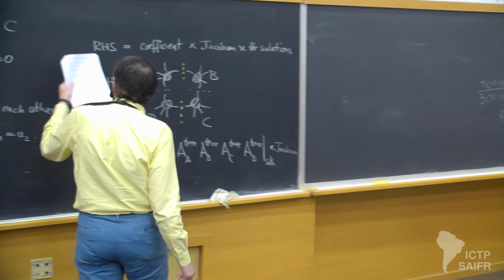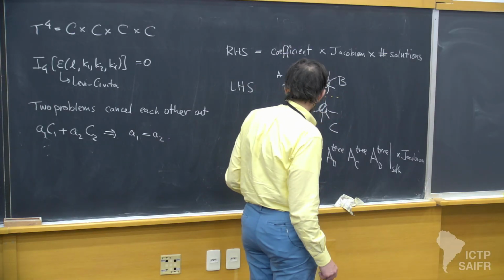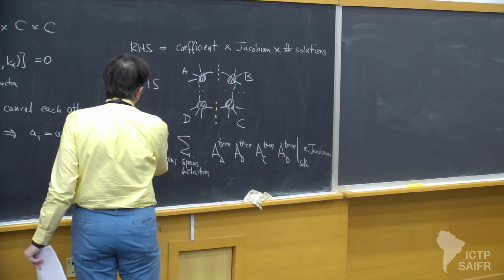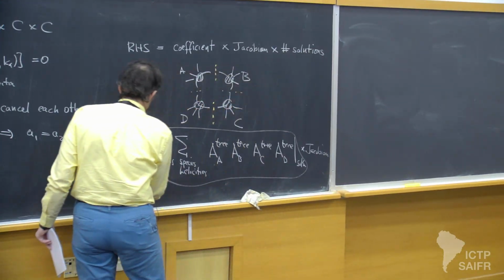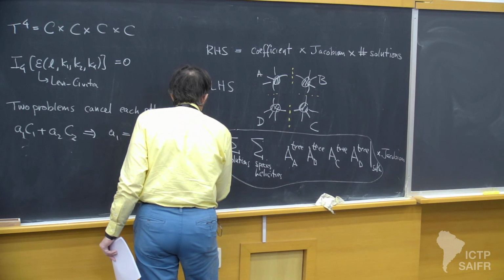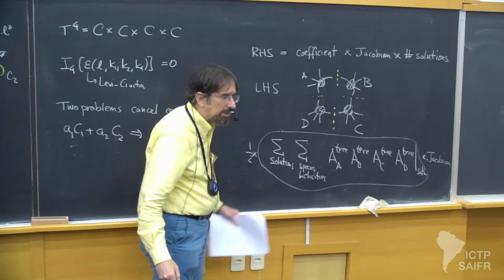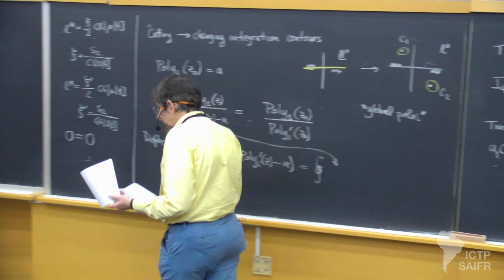So of course, when we set the two equal, that Jacobian will cancel out, and our final formula will just be this expression times 1/2. That 1/2 from counting the number of solutions.